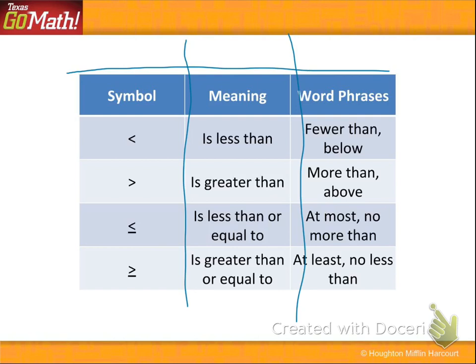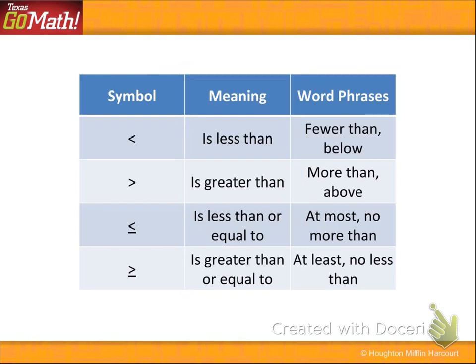These symbols, less than, greater than, less than or equal to, greater than or equal to, are really going to benefit you if you understand how they work while you are trying to do this translating. These are also a couple of examples of word phrases that mean each of these inequality symbols.